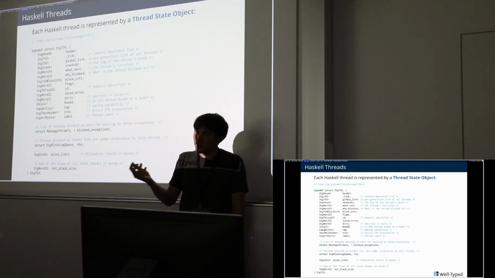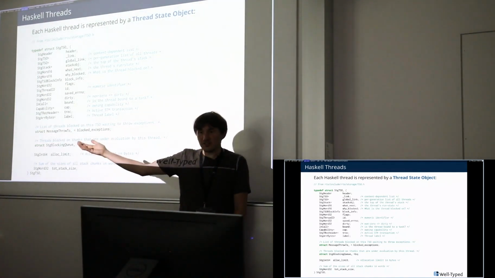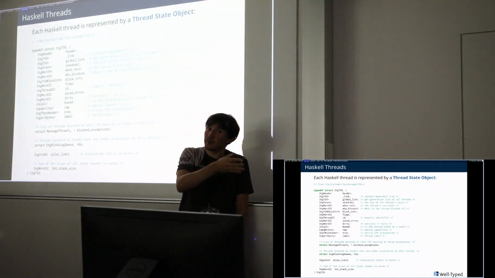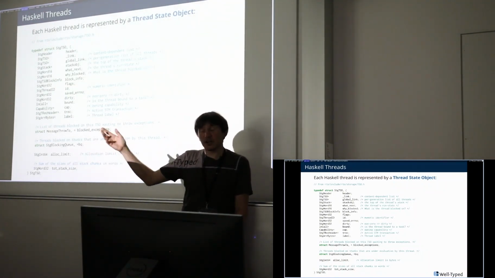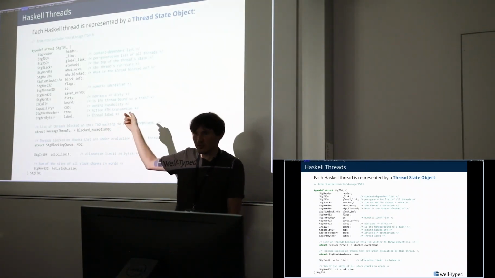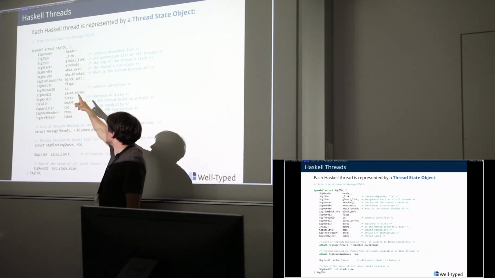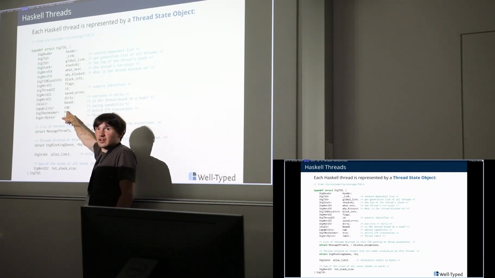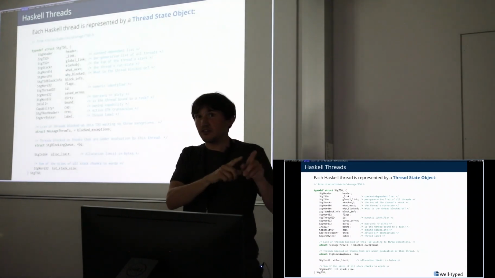The thread is owned by a particular capability, and thread B, owned by capability B, wants to block on a thunk owned by thread A. That thunk will be a black hole at that point, and the indirectee, as we saw previously, will point to TSO A, the thread A. You'll note here that we have an owner, the capability field, which allows us to know which capability owns the thread that is doing that evaluation.